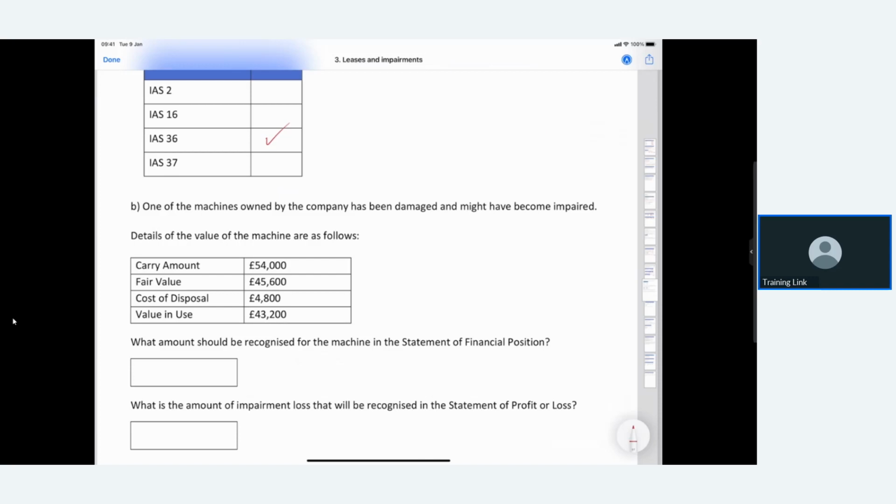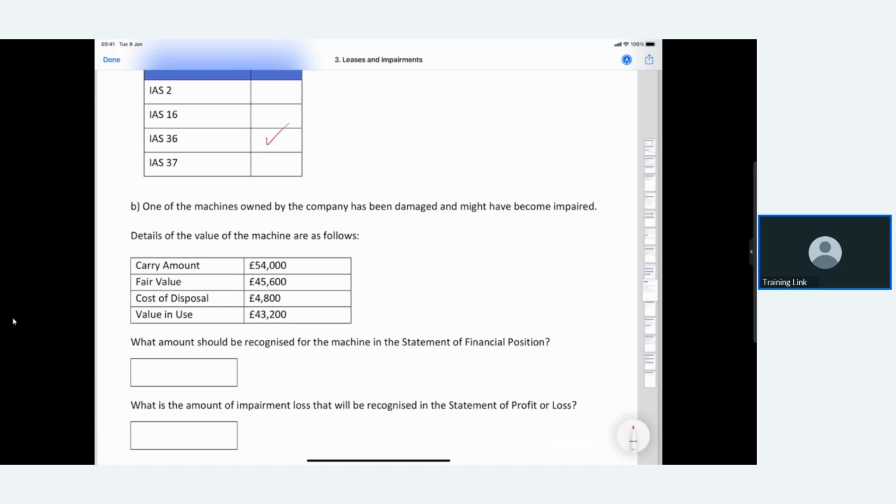Okay, now, what we have to do, or what IAS 36 states, is that if an asset is to be impaired, i.e. if the fair value less cost to sell and value in use are both lower than the carrying amount, then you need to impair the asset.